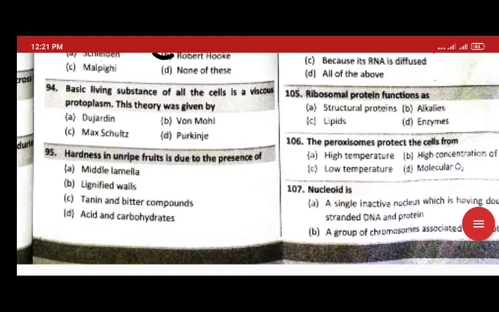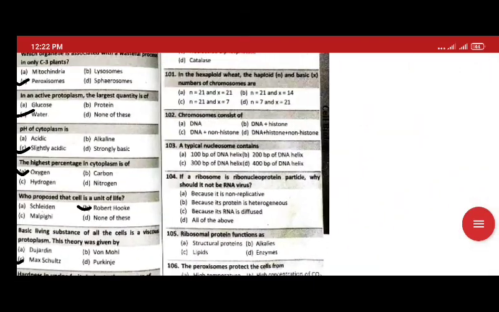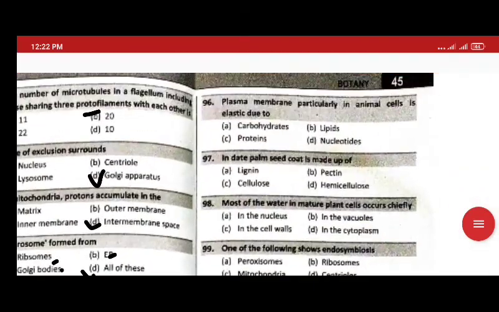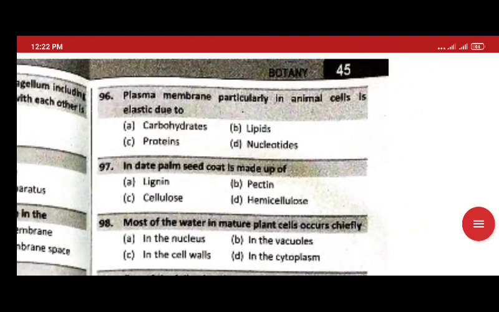So for the protoplasm we have what? Von Mohl. Max excludes 94C. Hardness in unripe fruit due to presence of. So hardness present in the fruit, that is what? Middle lamella, and the dissolution of the fruit and yellow color due to that middle lamella too.